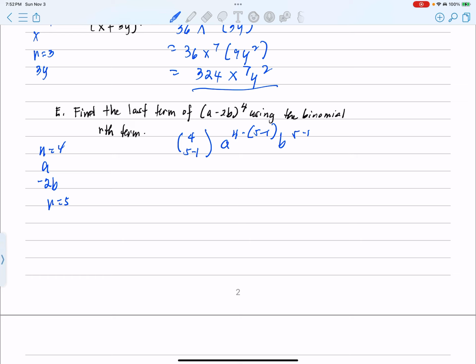Okay, let's replace. That should be 4 choose 4. a would be 4 minus 4, that is a to the 0, b to the 4th.